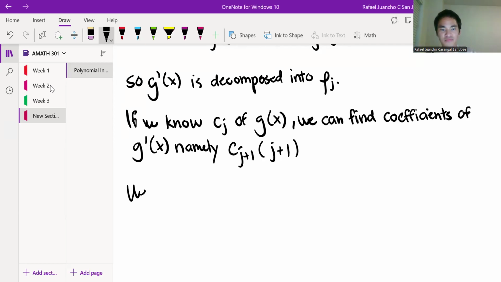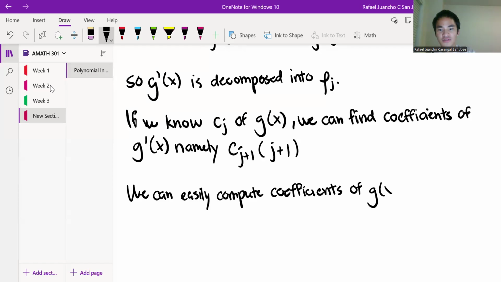So we can do this. Coefficients of g prime of x through MATLAB or matrix vector multiplication. And so let's do that actually.